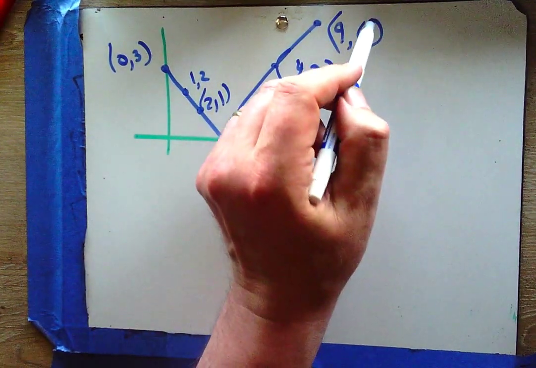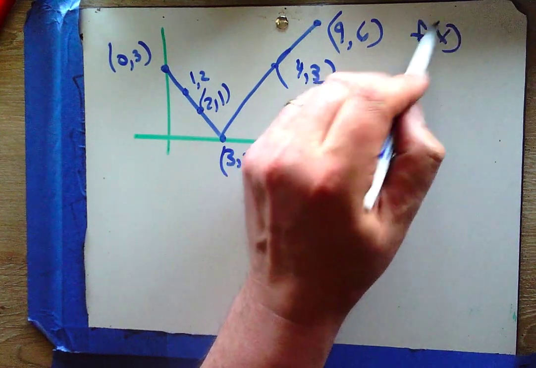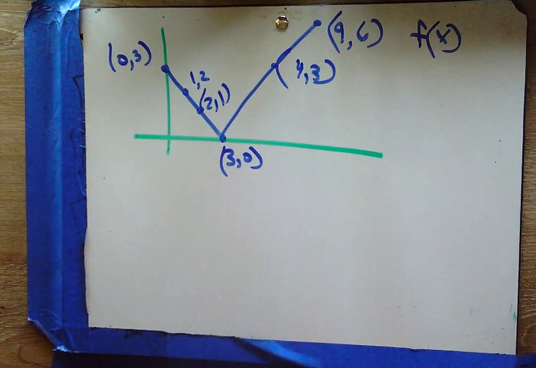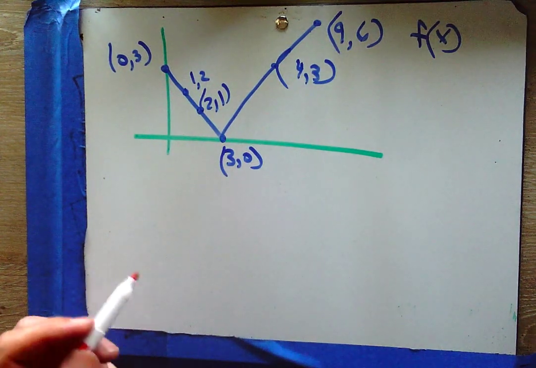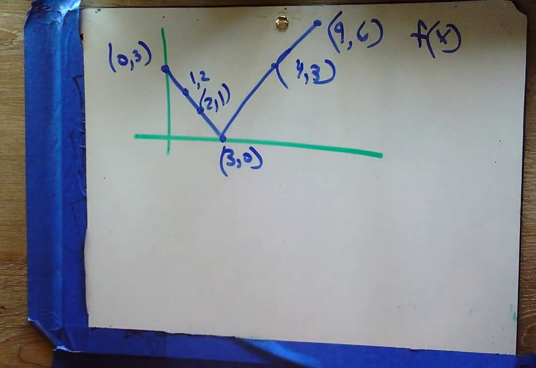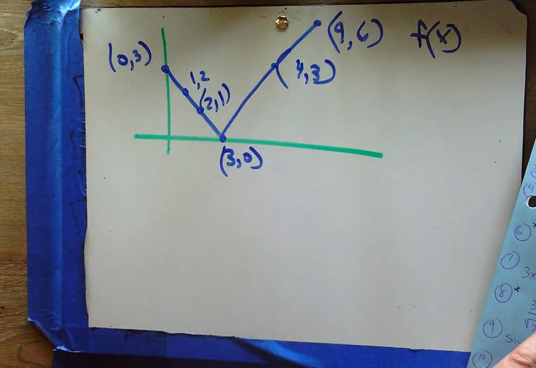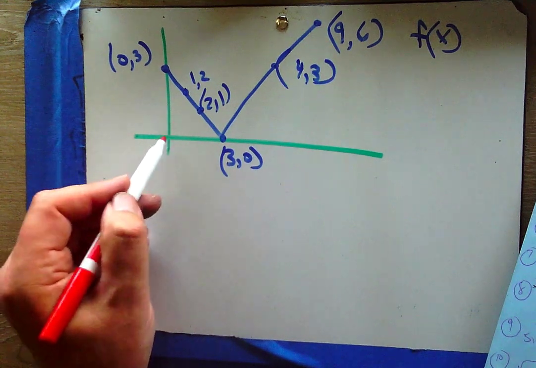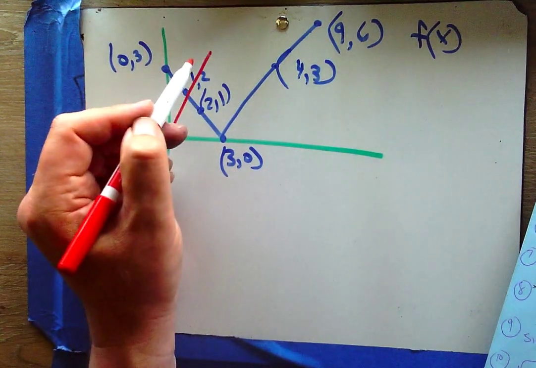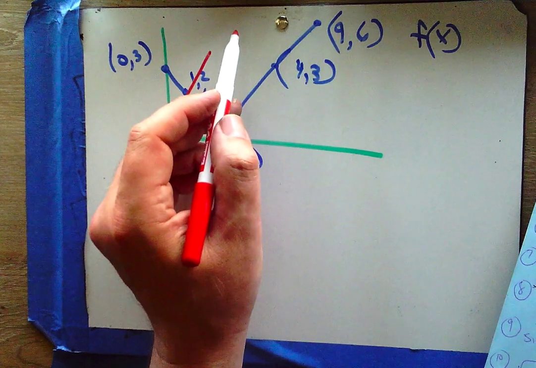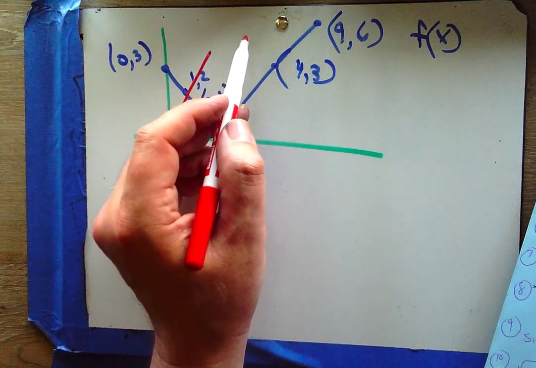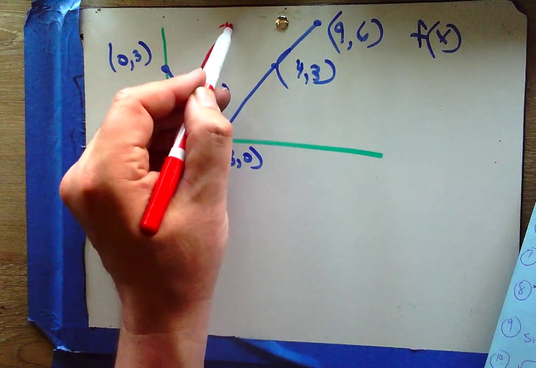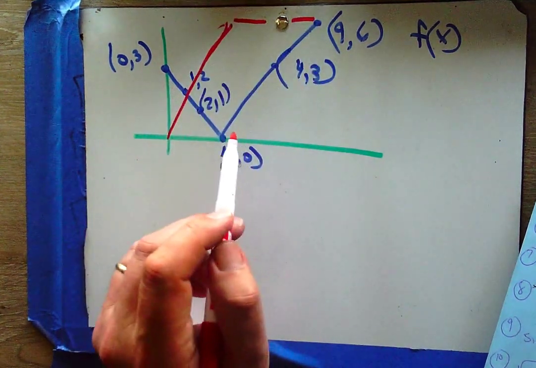This is a graph of f of x. Now, in a different color, let's write a graph of g of x. I think this is g of x. We're going to pass through this point, and we're going to go up to here, and then come across.